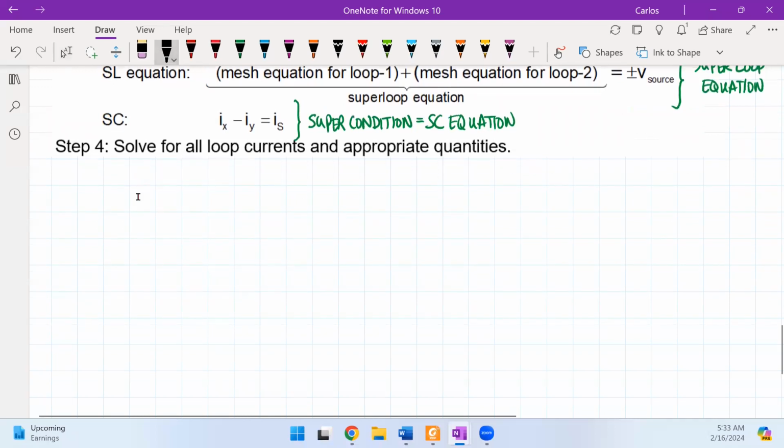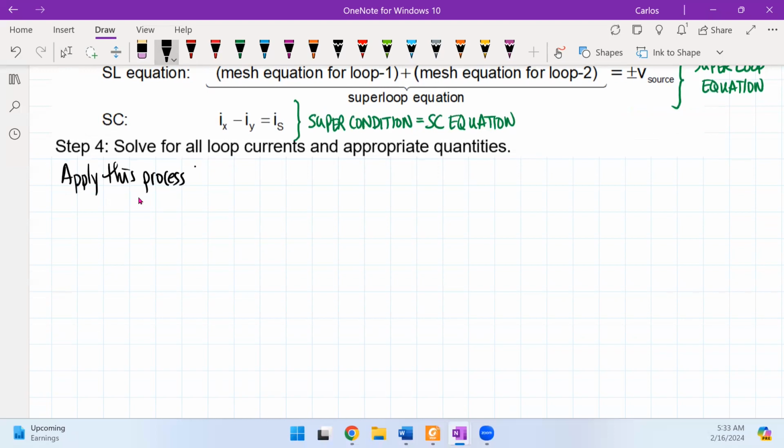Okay, so now we want to apply this process to our current example. Let's start from the beginning. We've already done this, but let's do it again.